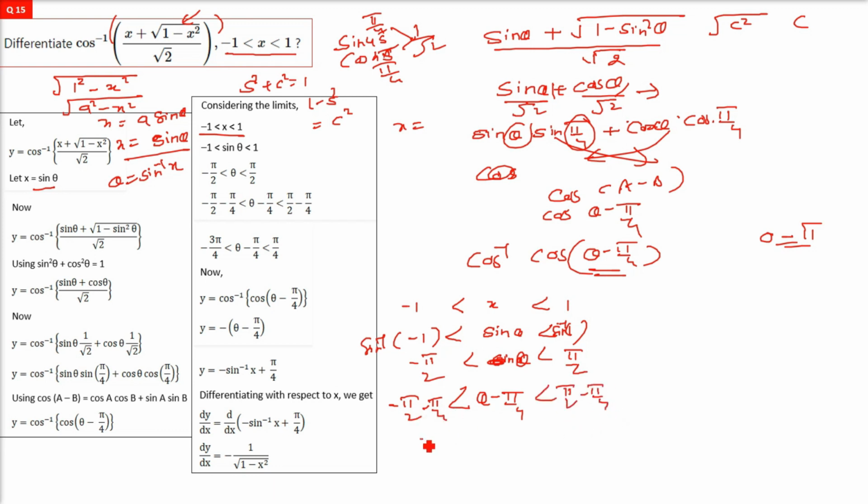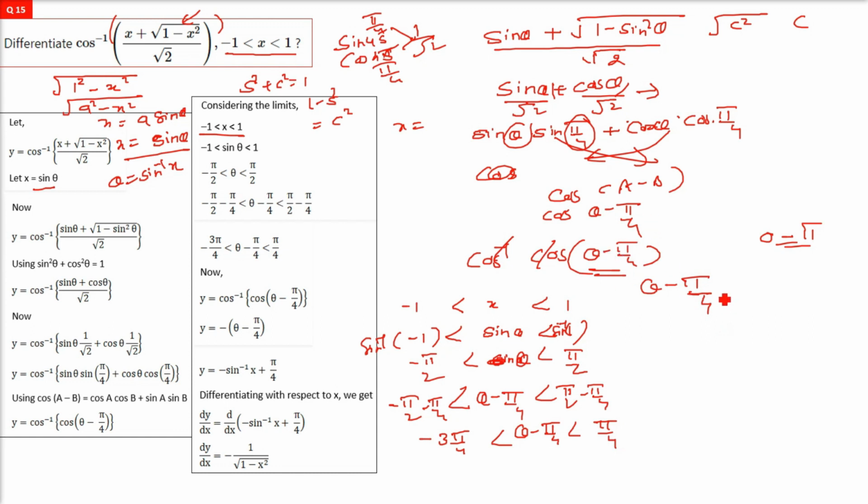So this is minus 3 pi by 4, and this is theta minus pi by 4, and pi by 2 minus pi by 4 is going to be pi by 4 only. Now this is the limit which is inside 0 and pi? No, this is not between 0 and pi, because you have gone beyond that or outside that.